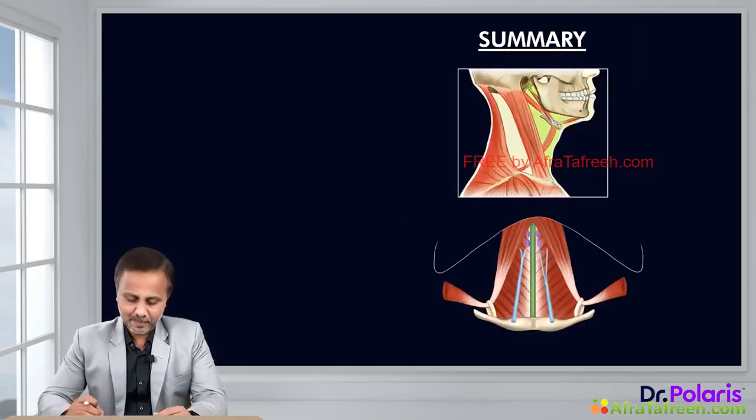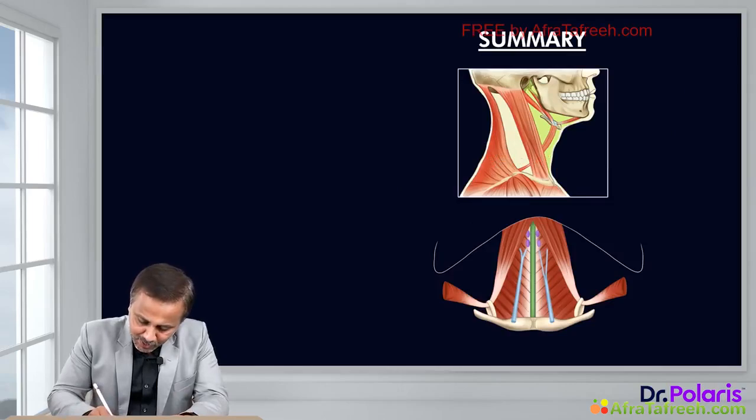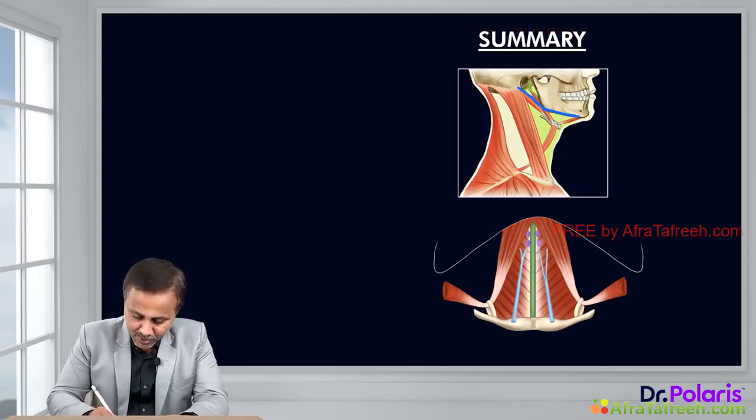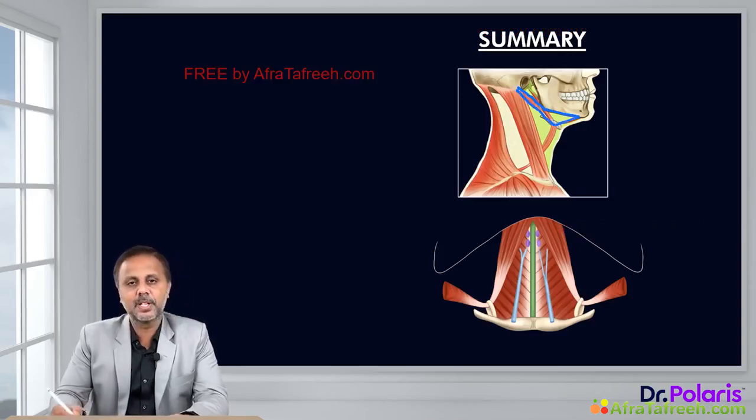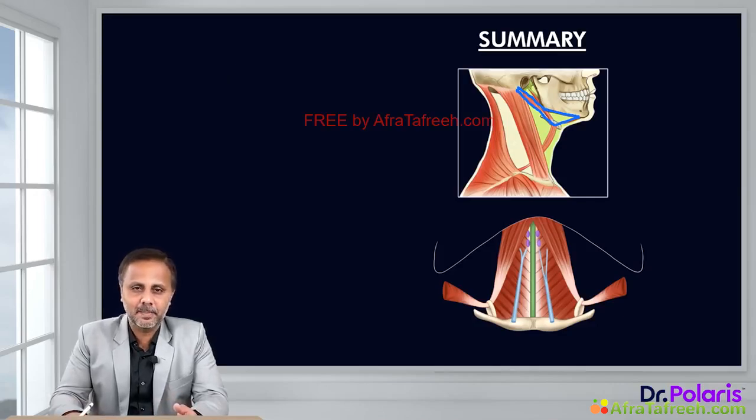To summarize, the digastric triangle is also referred to as the submandibular triangle. It is bounded above by the base of the mandible, a line joining the angle of the mandible to the mastoid process, the posterior belly of digastric and the anterior belly of digastric. It is divided by the stylomandibular ligament into an anterior part and a posterior part.